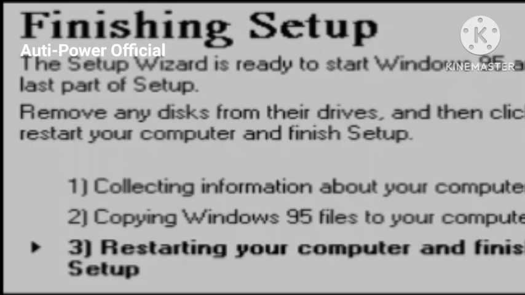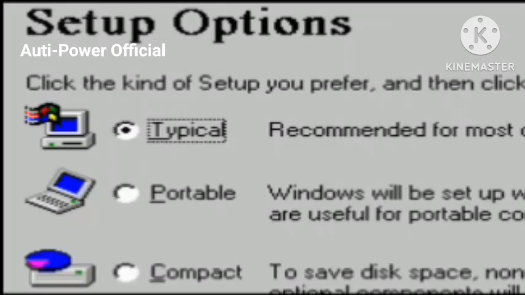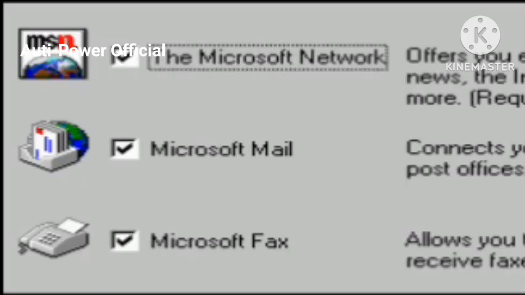It will ask you plain English questions about the type of setup you want and prompt you to answer questions when required. Most users with a desktop computer and a modem will choose the typical setup and options like Microsoft Mail, Microsoft Network Online Service, and Microsoft Fax. Setup of Windows 95 can take between 30 and 60 minutes, depending on your configuration and the capabilities of your system.